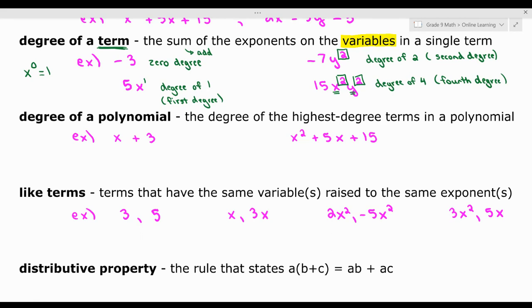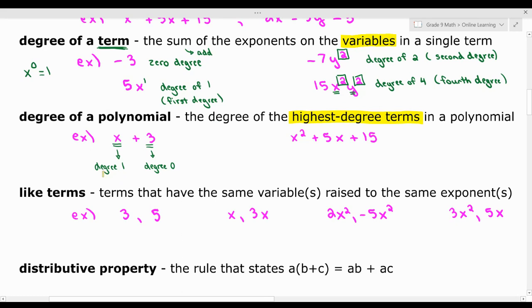So what happens, you have to find the degree of each of these first. Okay, so I'm going to say that this, remember it's to power 1 technically. So I would say this is degree 1. This is a constant, there's no variable, so technically this would be considered degree 0. So then what the definition says is it has to be the highest degree of the terms in the polynomial.